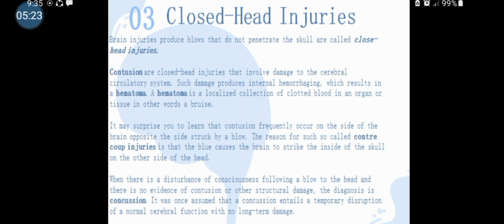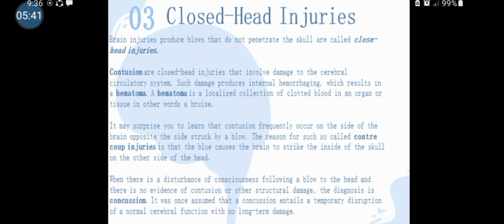When there is disturbance of consciousness, the imong consciousness mabothered or it's being disturbed, followed by a blow to the head, and there's no evidence of contusion or other structural damage, the diagnosis is concussion.